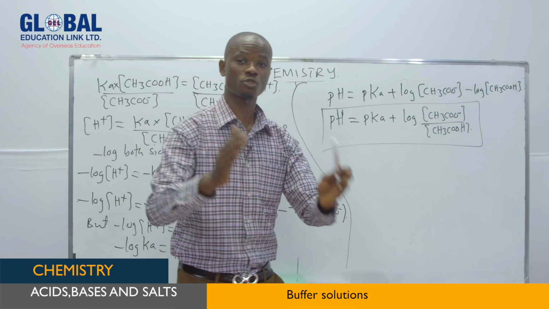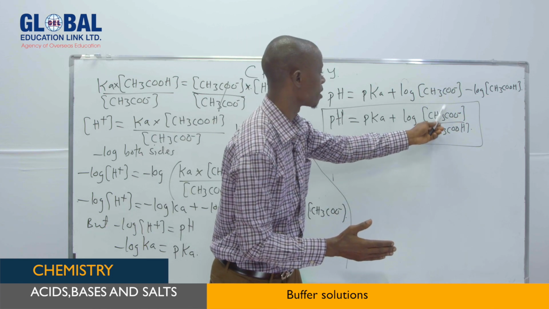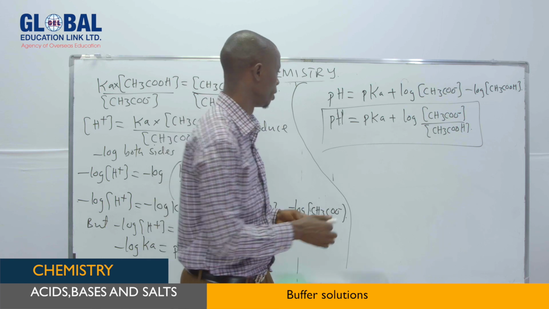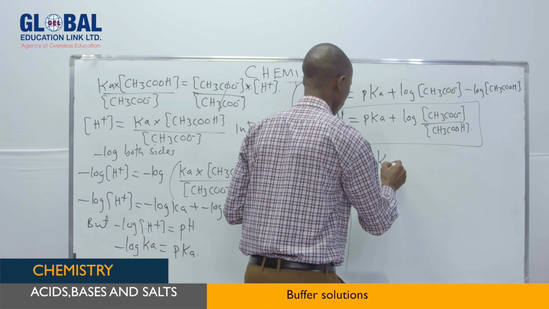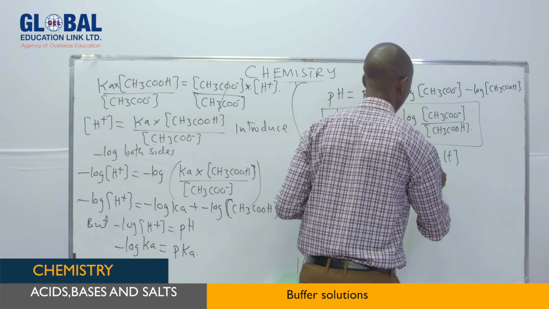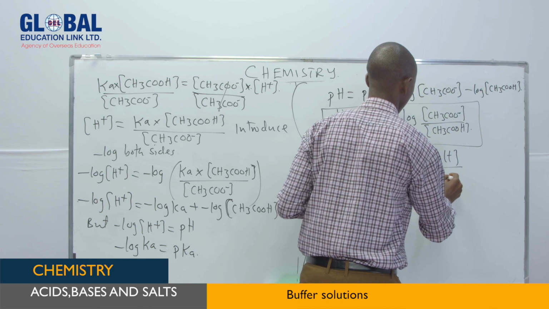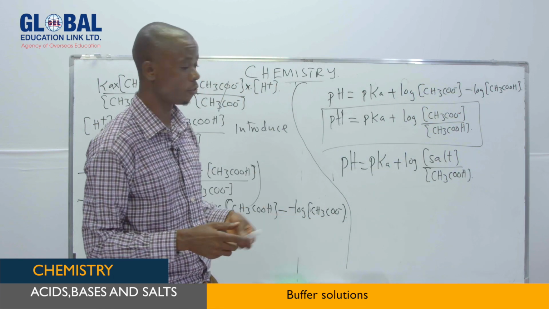But because the strong salt produces many of them, we consider these ions as the concentration of the salt. So sometimes it can be written this way. That one is very simple for you.